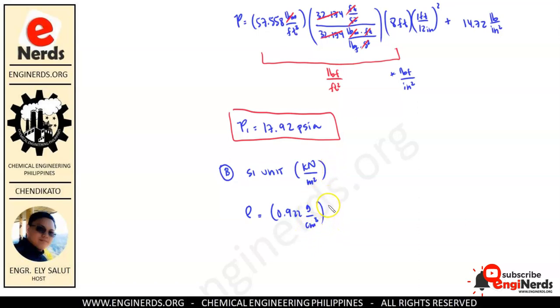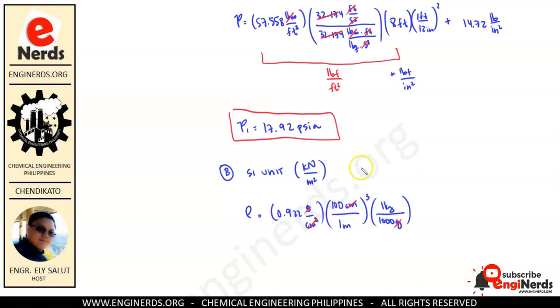No? So, to convert this in 1 meter, we have 100 centimeter and this will be cube. And then we have our gram. We have 1,000 gram in 1 kilogram. So our units will be cancelled out. Our cubic centimeter will be cancelled out. Our gram will be cancelled out.